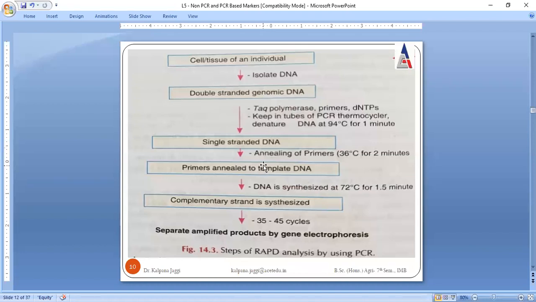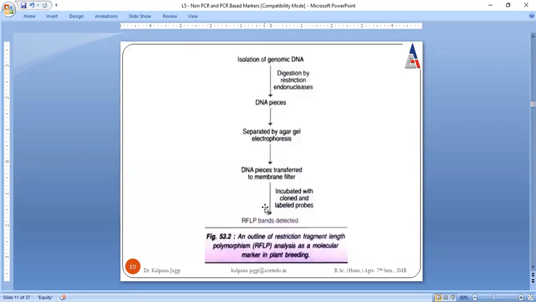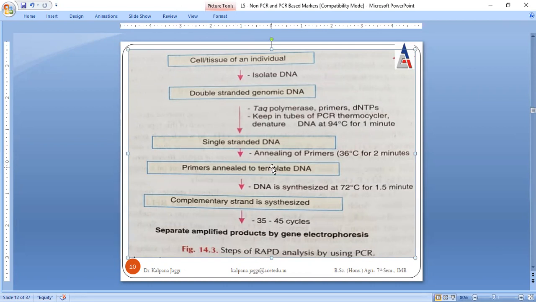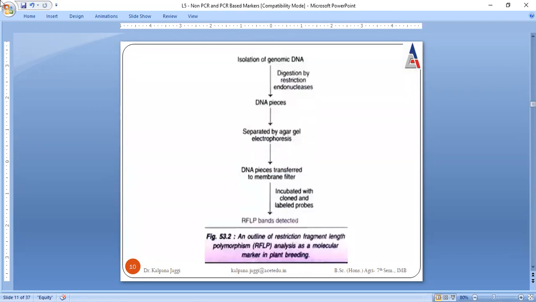Primer is annealed to it, and the complementary strand is synthesized. These are the steps of RAPD analysis using PCR. This is not the procedure to be discussed here. This is actually RAPD, a PCR-based marker. I have attached this slide here so that you could differentiate between the two.